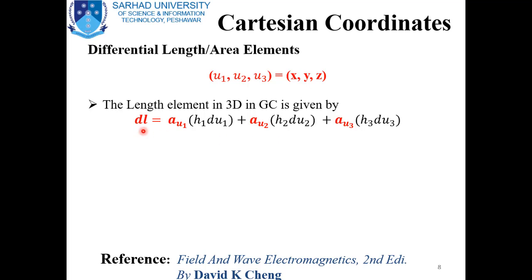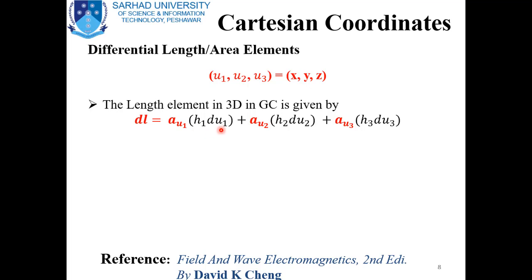As the left hand side represents a length, each term on the right hand side must give us a length dimensional quantity. So here h represents the metric coefficient, which compensates for the dimension of the generalized coordinates.